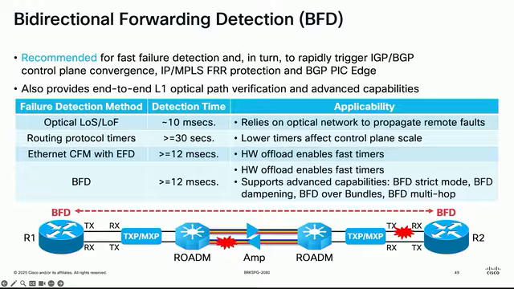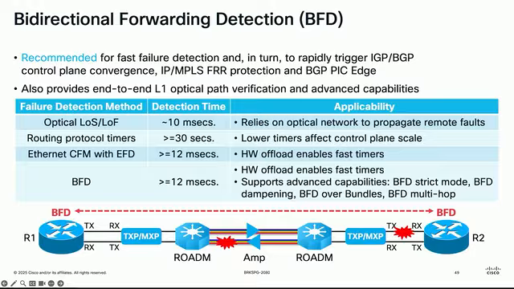For example, in the picture shown below, if there is any outage happening on the optical path next to R2, there is a possibility that R1 will not receive LOS. So we highly recommend that you enable BFD on your optical circuit as well. It gives you another layer of defense. With BFD hardware offload, you can detect a failure within 12 milliseconds.